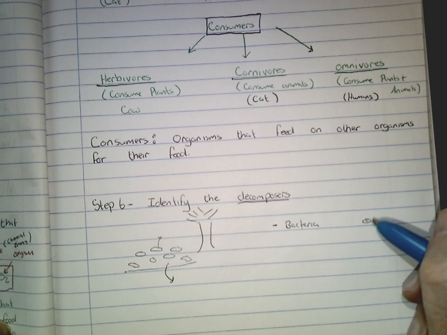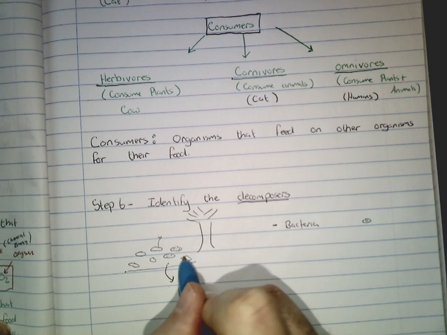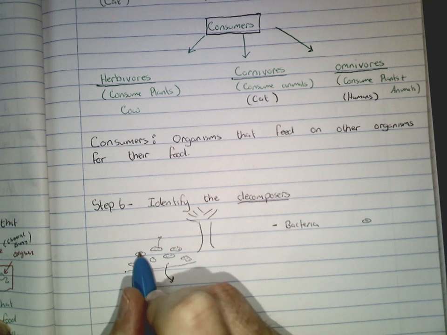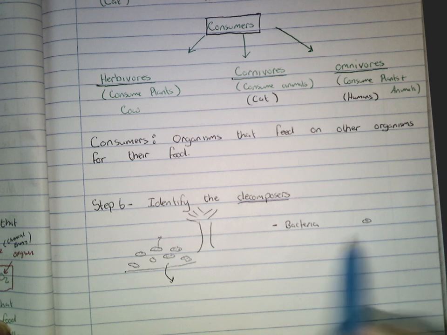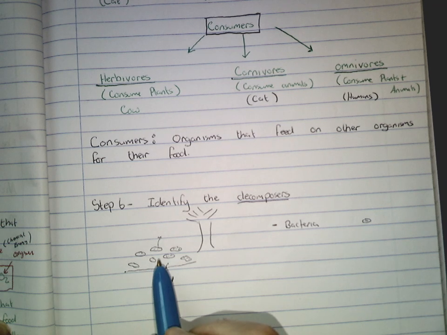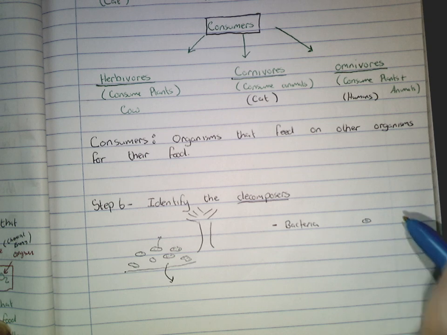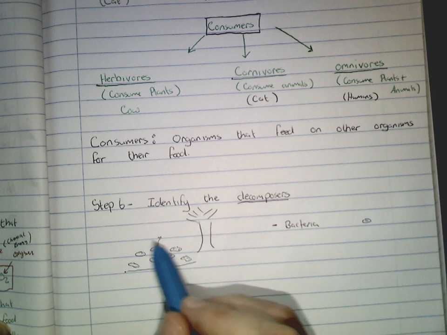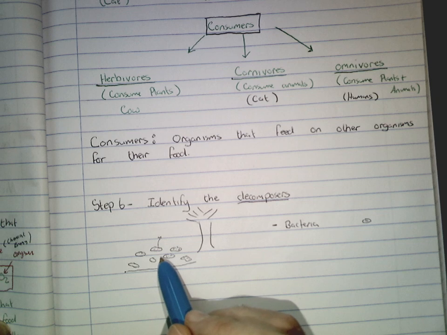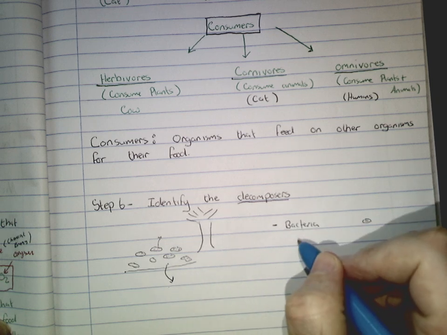What they do is they land on the leaves and start to break them down. They extract food out of the leaves, and the bacteria will take in some of the food, but they'll output waste that will be absorbed into the ground or put off into the air, for example carbon dioxide. So bacteria are examples of decomposers.